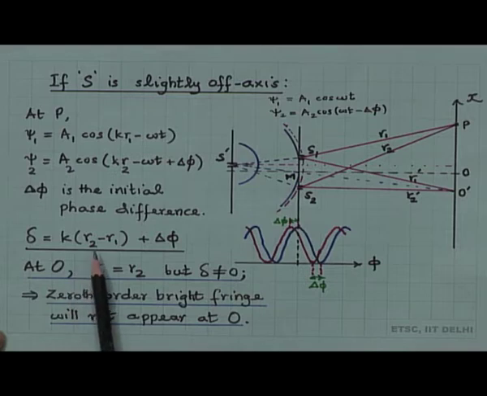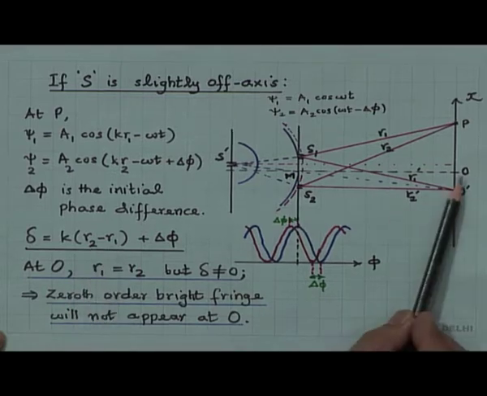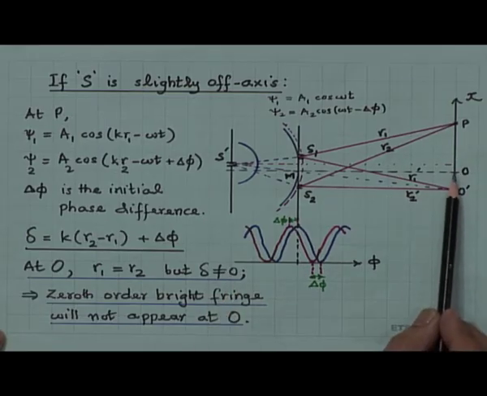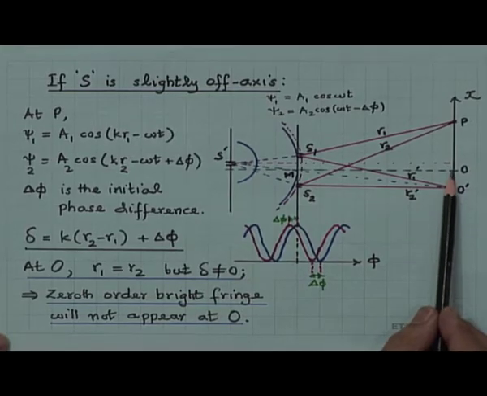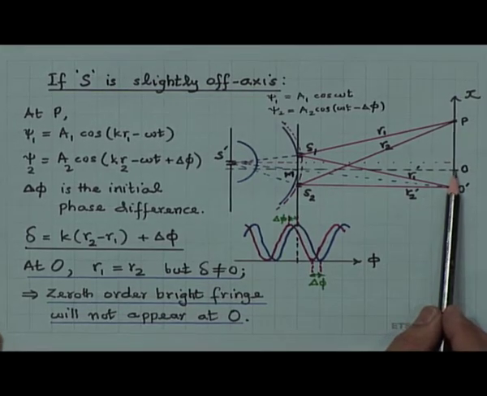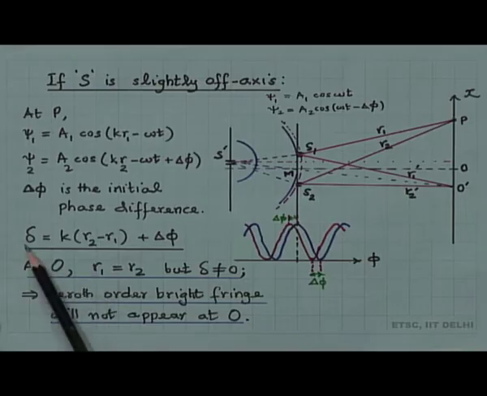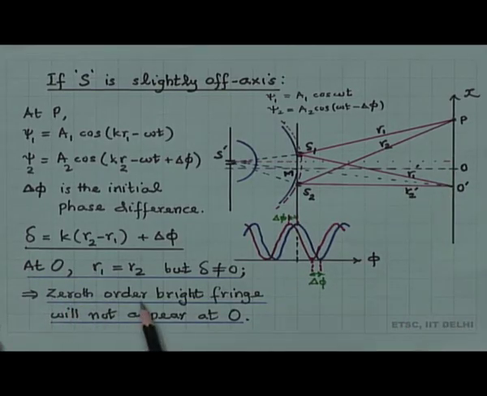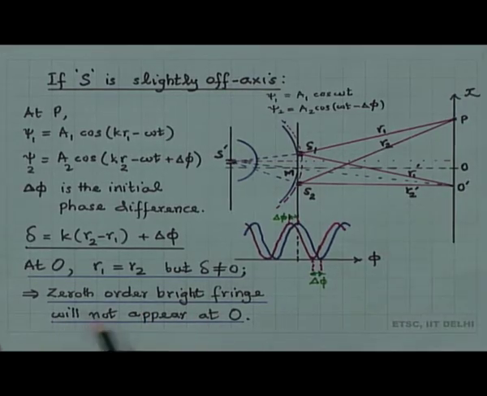At the point O, R2 is equal to R1 here, but delta phi remains, and therefore at the point O, delta is not equal to 0. If delta is not equal to 0, we will not have the 0th order bright fringe here. Delta may be 0 somewhere else, the phase difference may be 0 somewhere else, and therefore the 0th order bright fringe will not appear at O, because there is a phase difference at O.